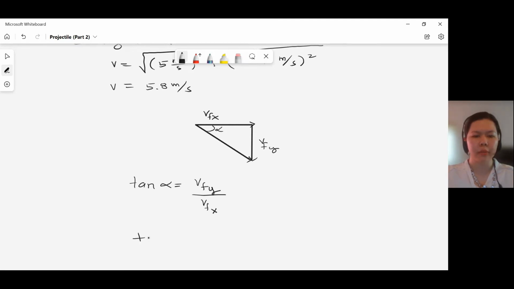And the value for this is VF sub y is 2.94, I'm just writing the magnitude, or you can write the negative sign, over 5 meters per second.